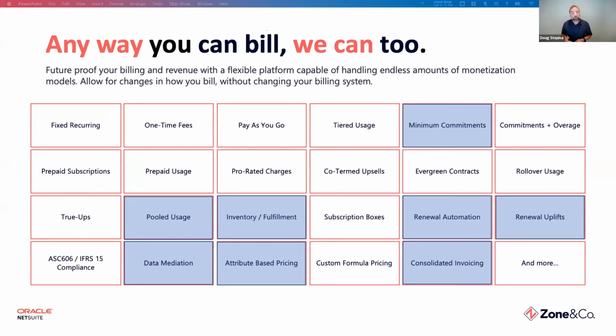So we've worked with a lot of customers that have a lot of ways in which they bill. We've built this into the system, and you can leverage all of these different existing ways in which you bill, but more importantly, for future proofing and scalability, to be able to say, well, tomorrow we might not be doing any prepaid usage in our model today, but can easily pivot to doing something like that because it is actually available in ZAB.